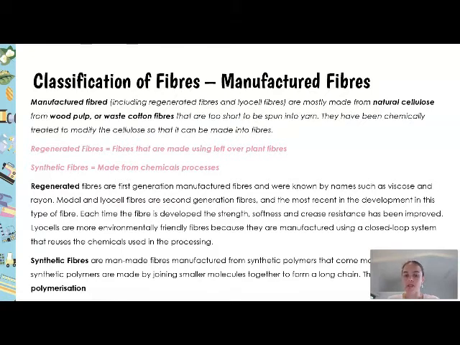Okay, so you've got 2 types of classification under manufactured fibers. So you have regenerated fibers, which are fibers that are made using leftover plant fibers. Okay, so for example, cotton fibers, they're reusing that, so it's regenerated, it's reused. Okay, so that's what regenerated fibers means.